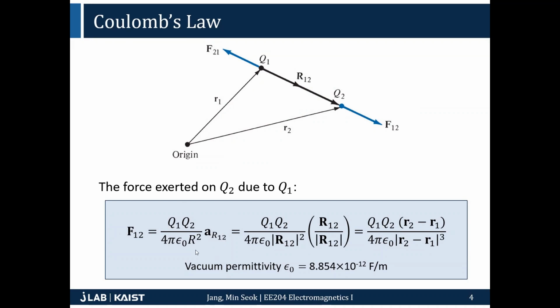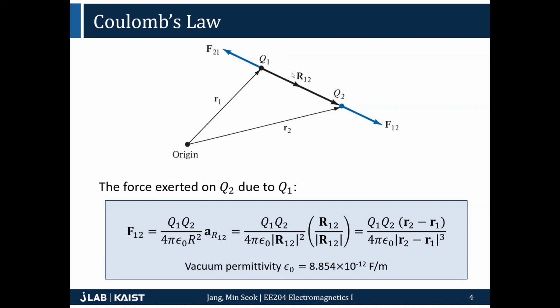Here there are some notational definitions I want to give. F12 means the force exerted on charge 2 due to charge 1. Similarly, R12, the displacement vector, connects from charge 1 to charge 2.